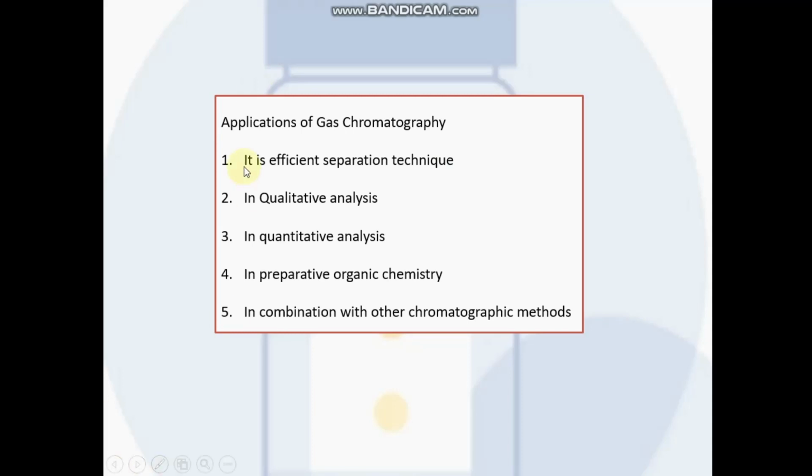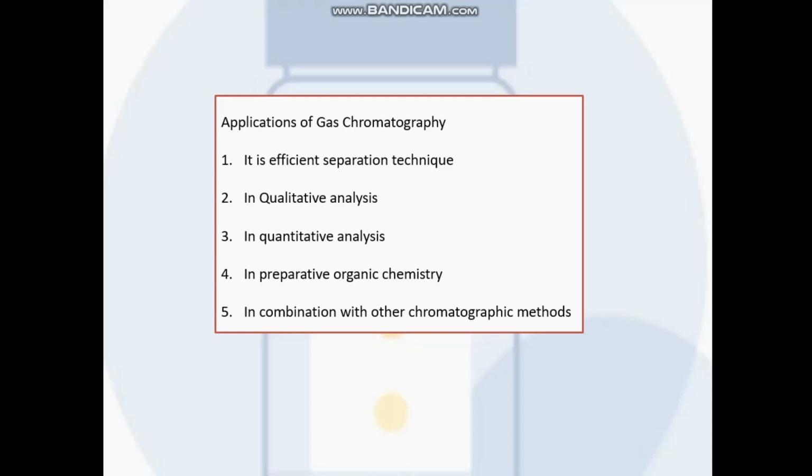Then the second one is qualitative analysis. Under identical conditions of flow rate and temperature, the retention time for a given compound on a given column will always be the same.